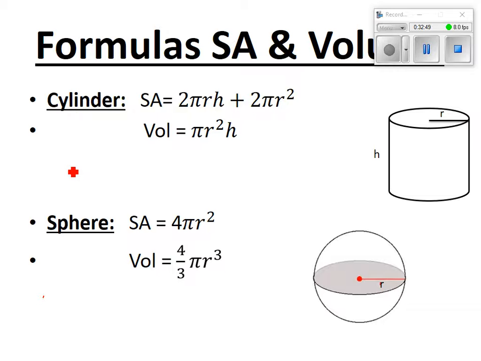Find the cylinder surface area and volume. One's on one page, one's on the other page. So find them, be looking at them.